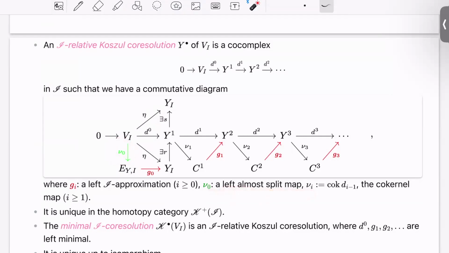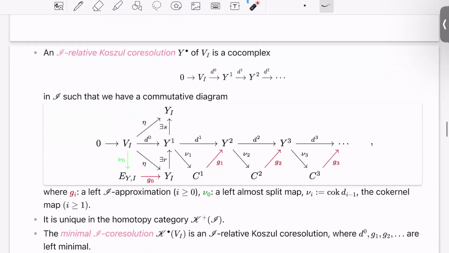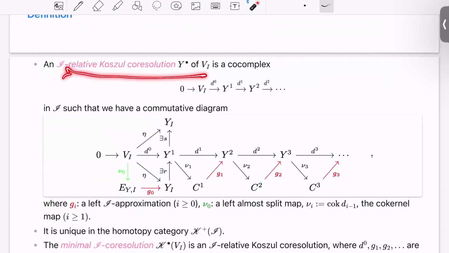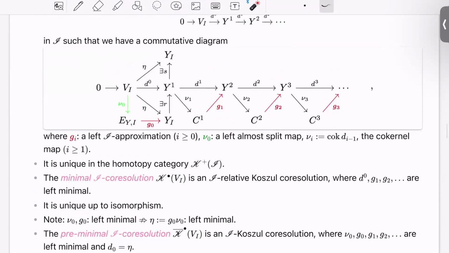This is sometimes called the source map. So this is the definition of the I-relative Cauchy co-resolution. Later, if I have time, I will show an example. Now, a minimal co-resolution is an I-relative Cauchy co-resolution where D0 and D1 are also minimal.